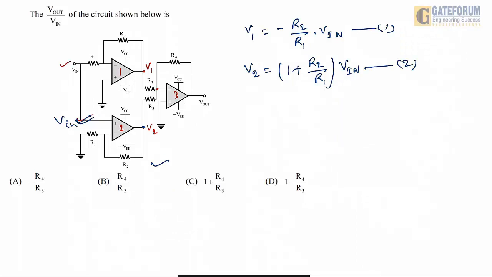Now these two outputs V1 and V2 are applied through R3 and R3 to op amp 3.